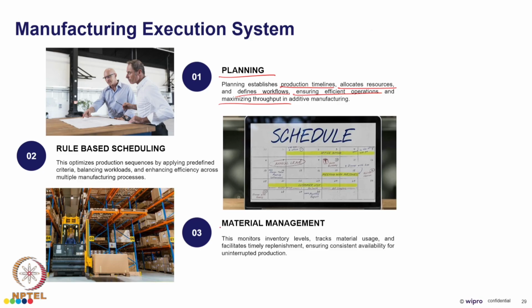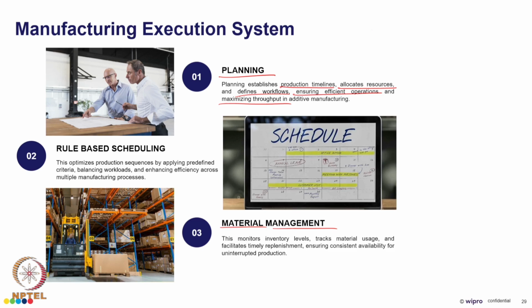And the third one is material management. Here we will try to manage the materials like our inventories, whether our raw material stock is available, or when it comes to LPBF, even our build platform availability.